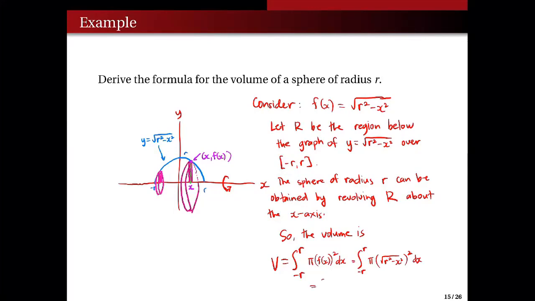Or this is equal to the integral from negative r to r of pi times r squared minus x squared dx. So if we integrate this, we will have pi r squared x minus pi x cubed over 3, evaluated from negative r up to positive r.